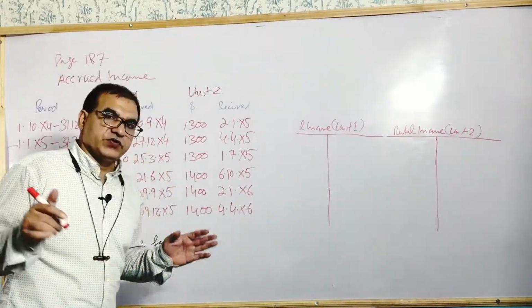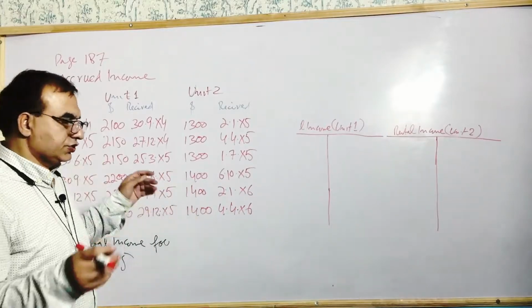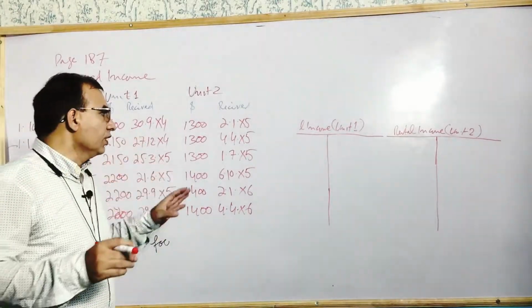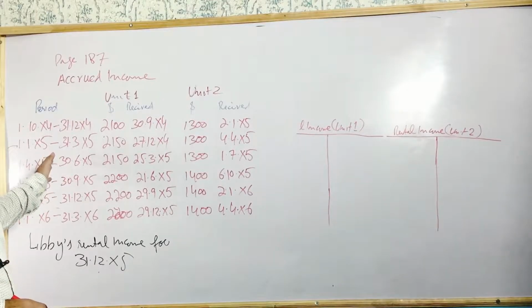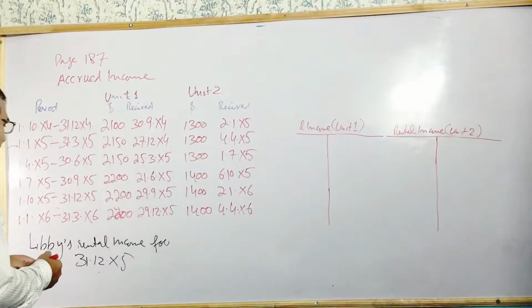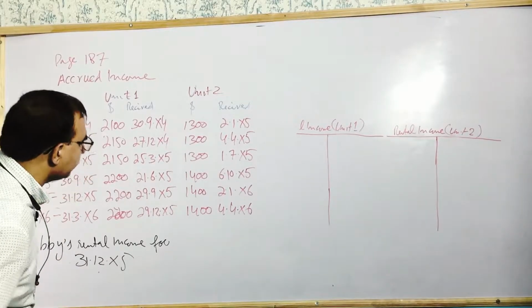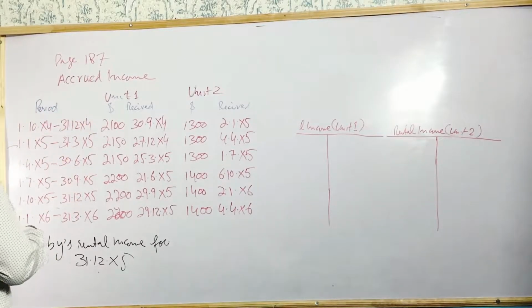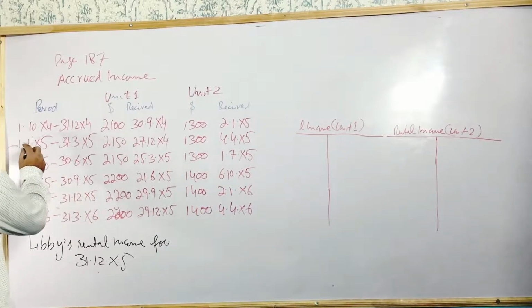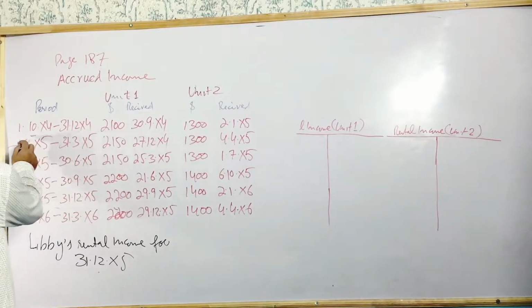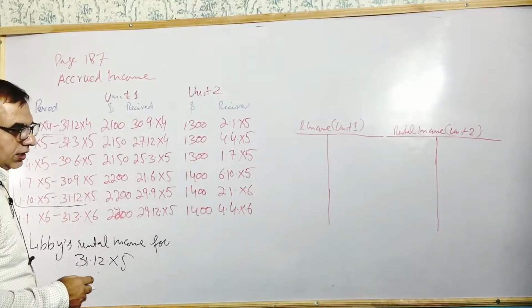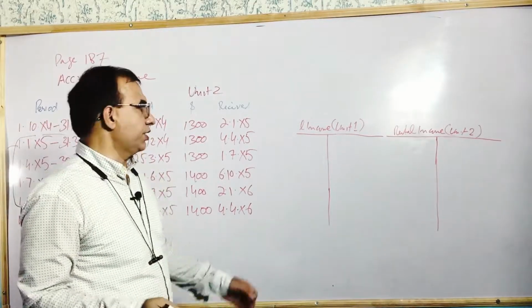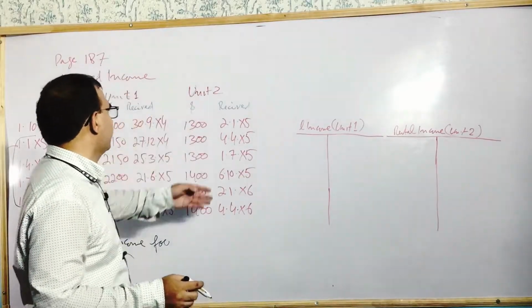If your concept is clear, this is quite simple. For income, you see what payments are for this period, from Jan to December. Whatever belongs to this period is our income for the period, regardless of the date of receipt.